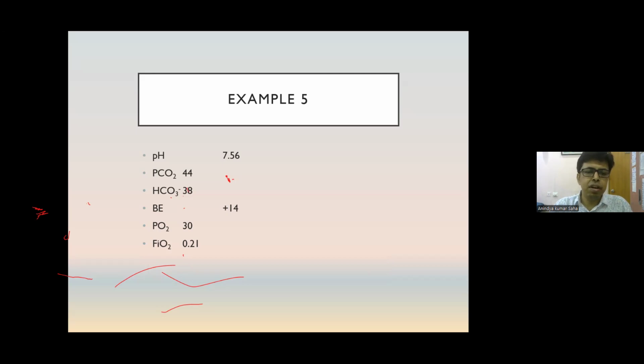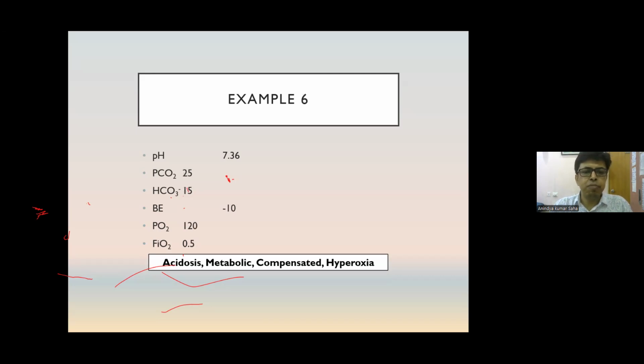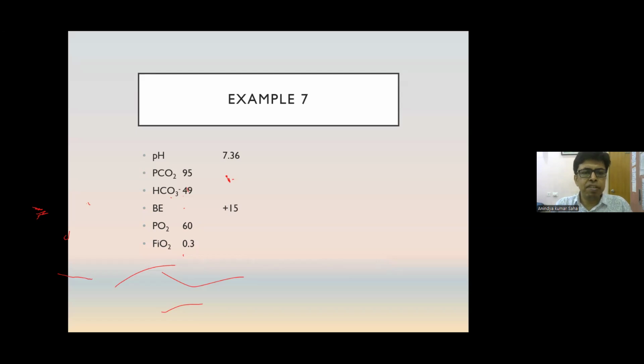Again, it is metabolic alkalosis, but no compensation. Then it is metabolic acidosis because pH is nearest to the lower value and bicarbonate is lower than normal. So it is primary metabolic acidosis, compensated. Again, it is compensated, but PCO2 is dangerously high: respiratory acidosis with compensatory metabolic alkalosis.